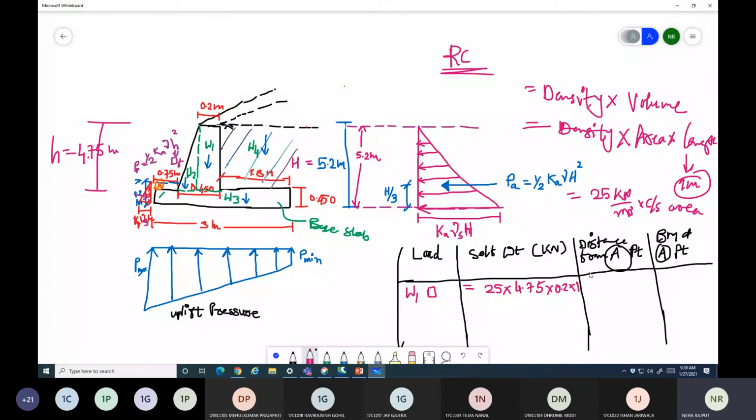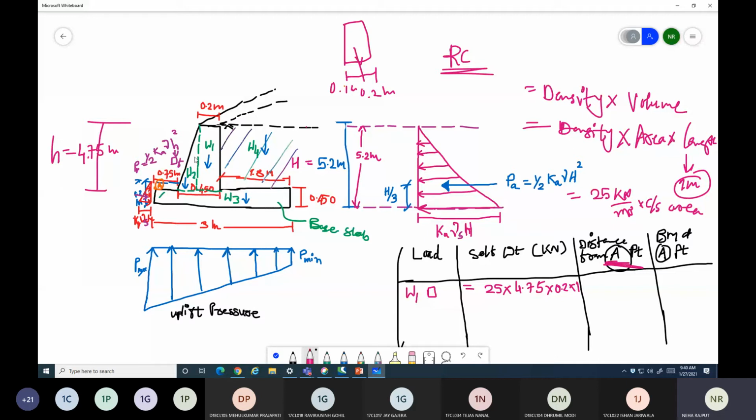Then distance from A point. The distance of this rectangle from A point. Now only this rectangle, its CG point will be at the center. So if this is 0.2 meter, then CG load will act at 0.1 meter. But you require all the distance from A point. So this CG of W1 is at 0.1, but the distance of this CG from A point will be, this is 0.75.